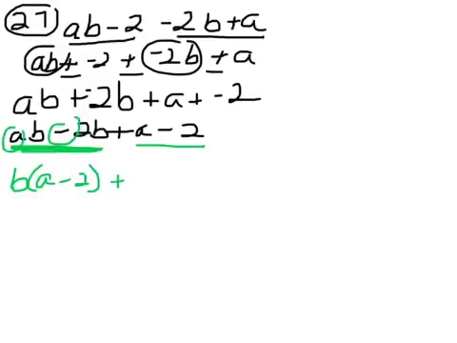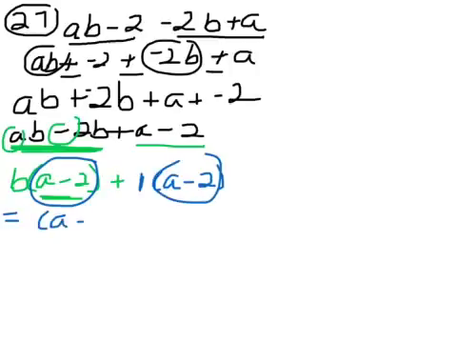In the second part there's nothing to divide out, but I notice I have an A minus 2 there and an A minus 2 right here. So you can put plus A minus 2 and then just put a 1 out front, because you've got to have some leftovers, and that 1 will help you rewrite it in a minute. By the way, I should have equals out in front of every one of these statements, and I can't fit it in now because it's so close to the edge. All right, so I have a GCF of A minus 2, and I can pull it out.